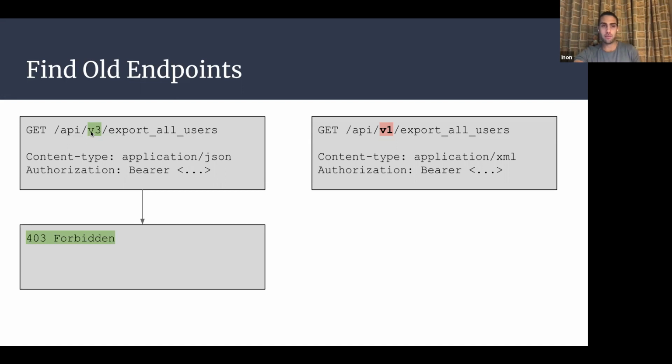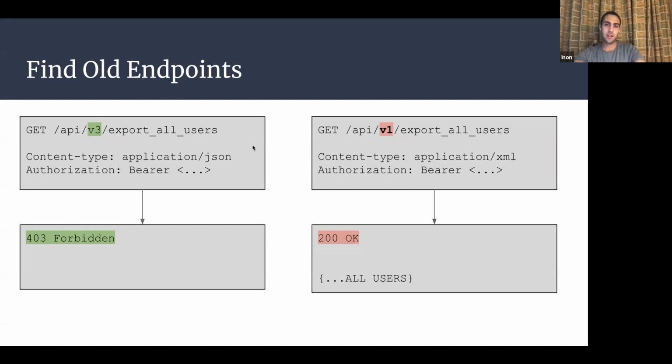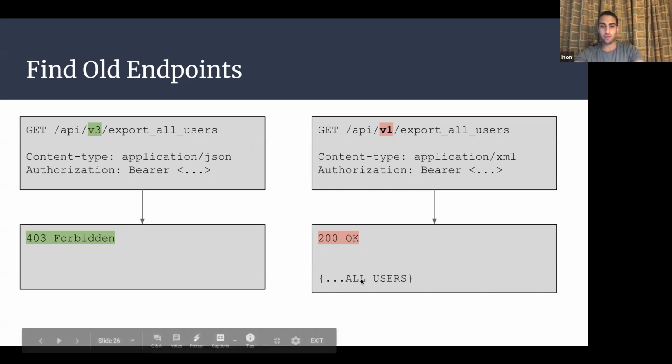So v3 implements an access control mechanism and returns 403 because you're not an admin. But many times, the older versions don't implement the same security mechanisms. So this endpoint might just return you the full list of users, even if you're not an admin.